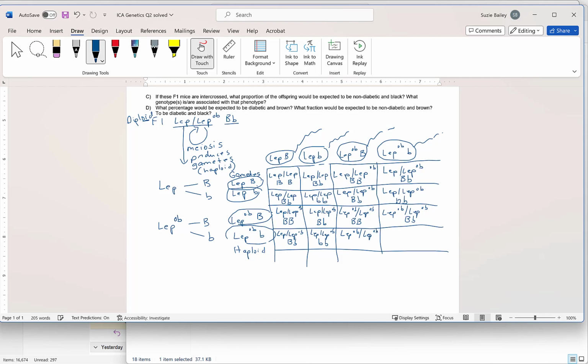We're coming down the home stretch: capital B, lowercase b, and lep OB, lowercase b.